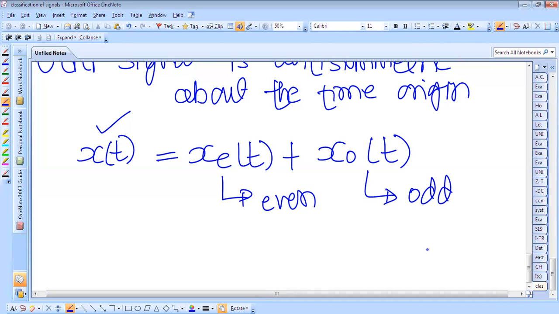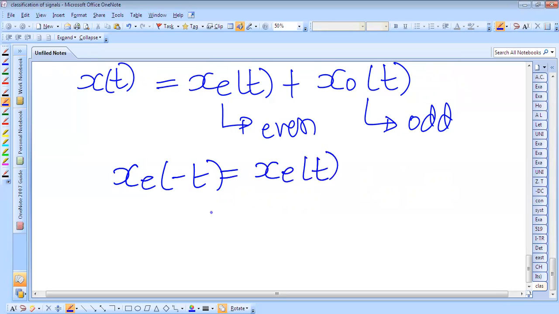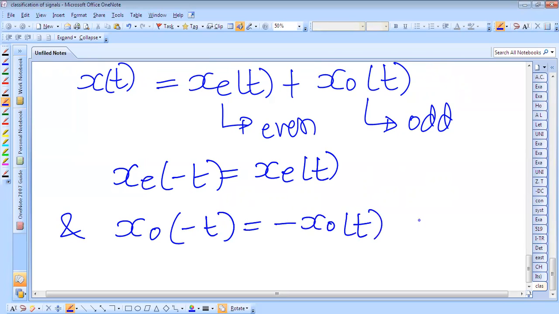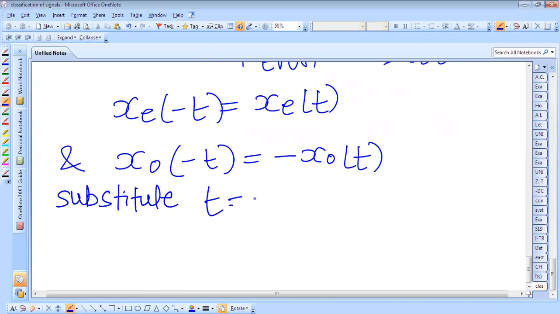Therefore, according to the definition, we can write the even component like this: x e of minus t is equal to x e of t, and x o of minus t is equal to minus x o of t. This is according to the definition. Now, what we have to do is substitute t equal to minus t in x of t.